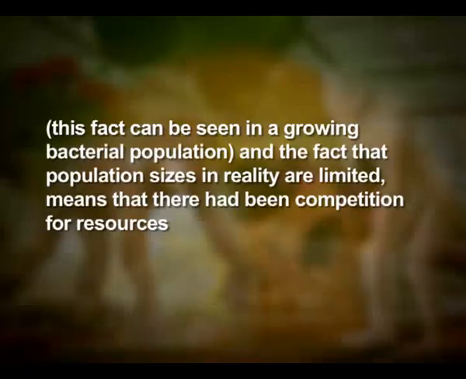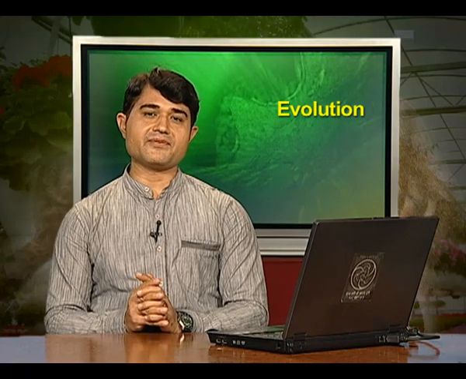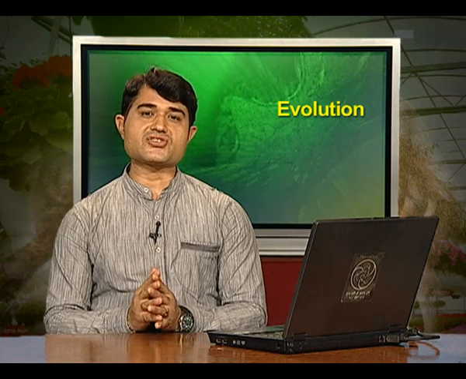Theoretically, population size will grow exponentially if everybody reproduces maximally, and this can be seen in a growing bacterial population. The other fact, that population sizes in reality are limited, means that there is competition for resources. Only some survive and grow at the cost of others that could not flourish.